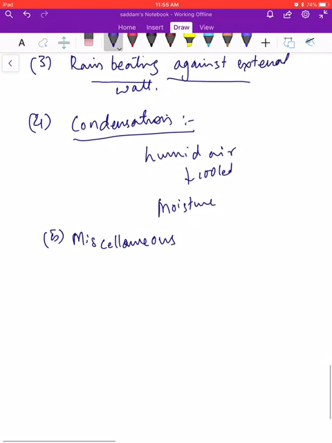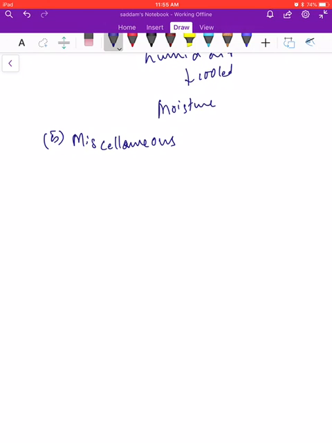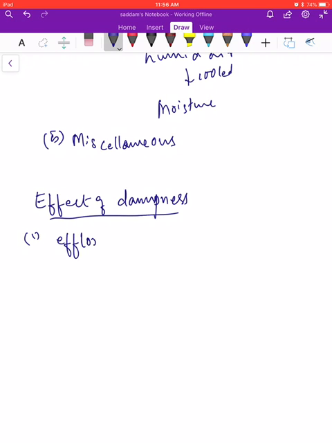Now what happens when there is a dampness? Effect of dampness. What is the effect of dampness? First thing is it causes efflorescence, by which there will be disintegration of bricks in the longer run.